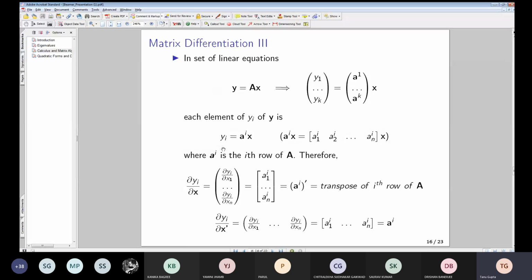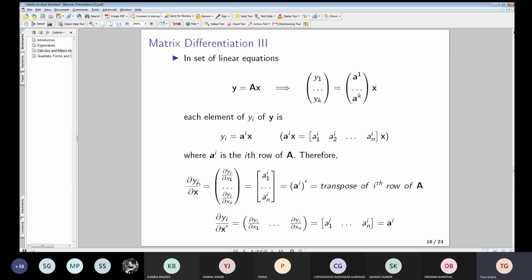We'll start with a single element of the y vector. Suppose we want to find the derivative of this equation. It will be del yi by del x, where x is a vector. What does it mean?